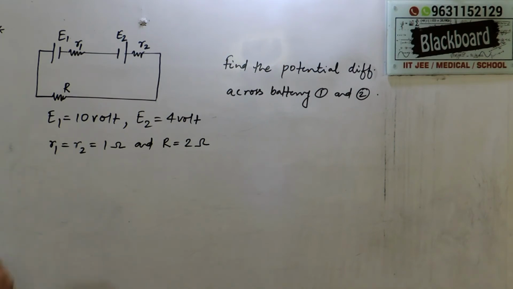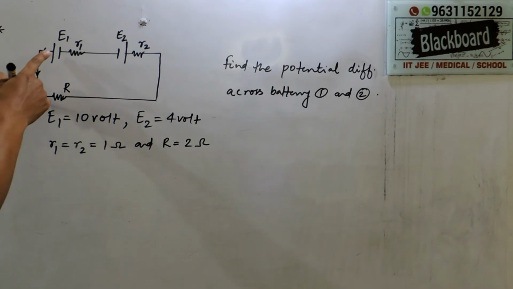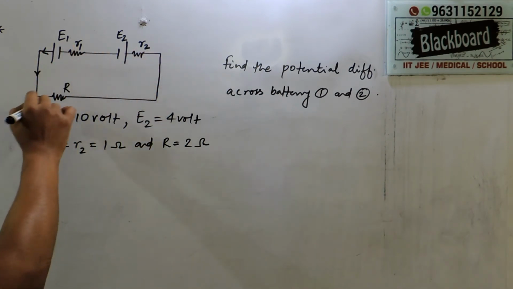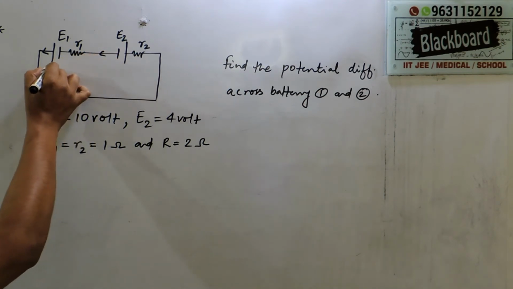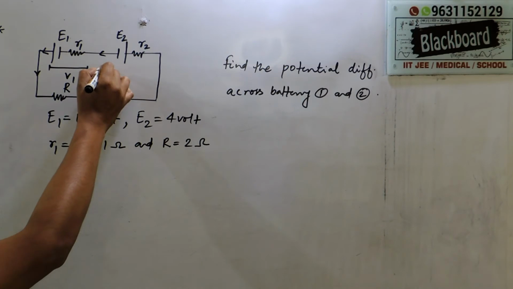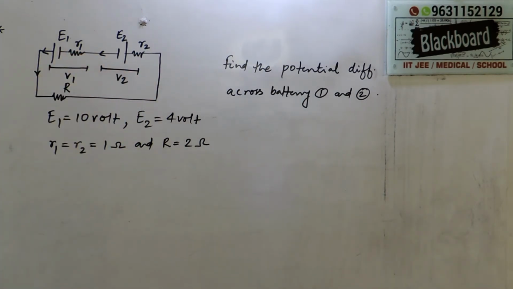Here E1 is 10 volt and E2 is 4 volt, and the external resistance is R. So let current I pass from E1, completing the circuit. The potential difference across this battery is V1, and along this battery is V2.